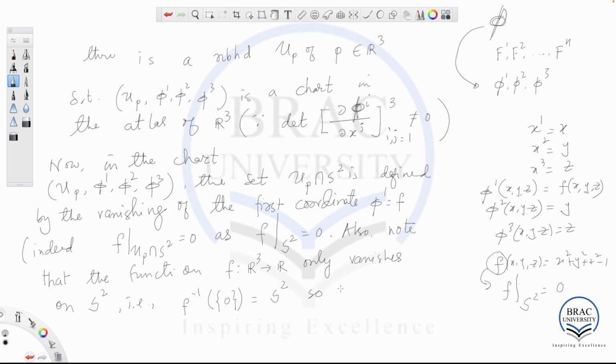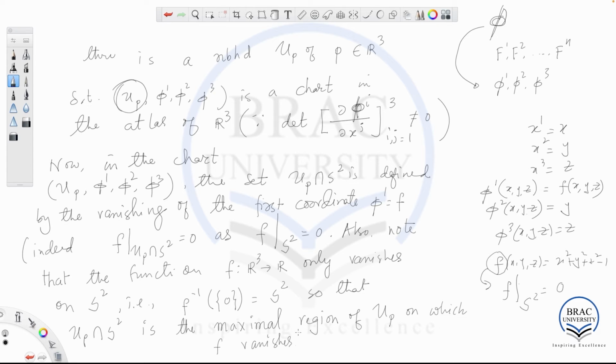So that UP intersected with S2 is the maximal region of U sub P, this neighborhood, on which F vanishes.